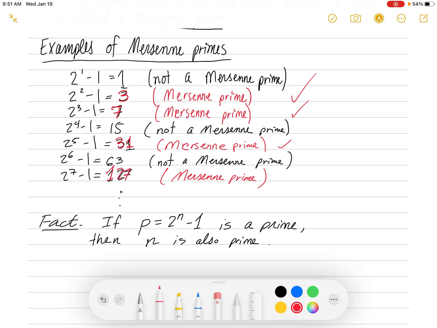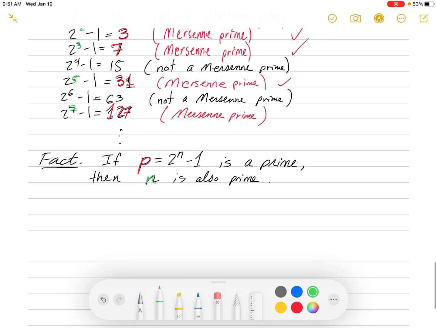These are the Mersenne primes we have so far. Notice that when P, which was 3, 7, 31, 127, was prime, then the powers 2, 3, 5, and 7 were also prime. So when P is prime, then n must also be prime.